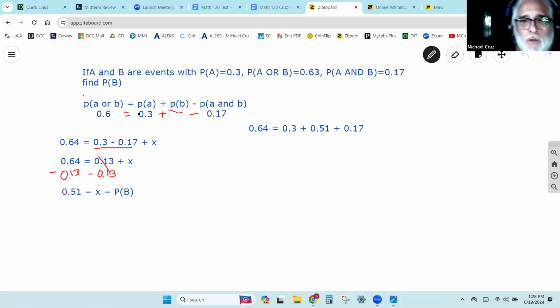So 0.63 is equal to 0.3, that's A, plus what we don't know, call it X, minus the 0.17.